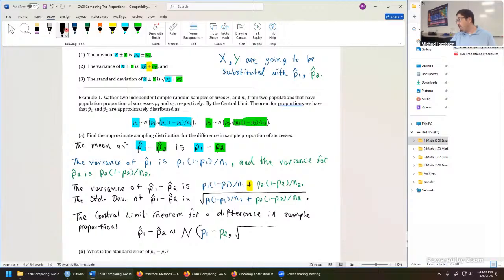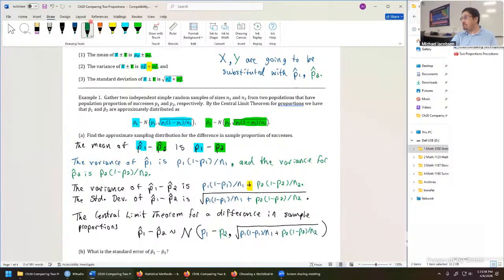Then for the next part, we put in that standard deviation that we derived, and it's P1 times 1 minus P1 divided by N1 plus, same exact structure, just update the subscript to 2. P2 times 1 minus P2 divided by sample size 2. So that's our entire brand new central limit theorem.